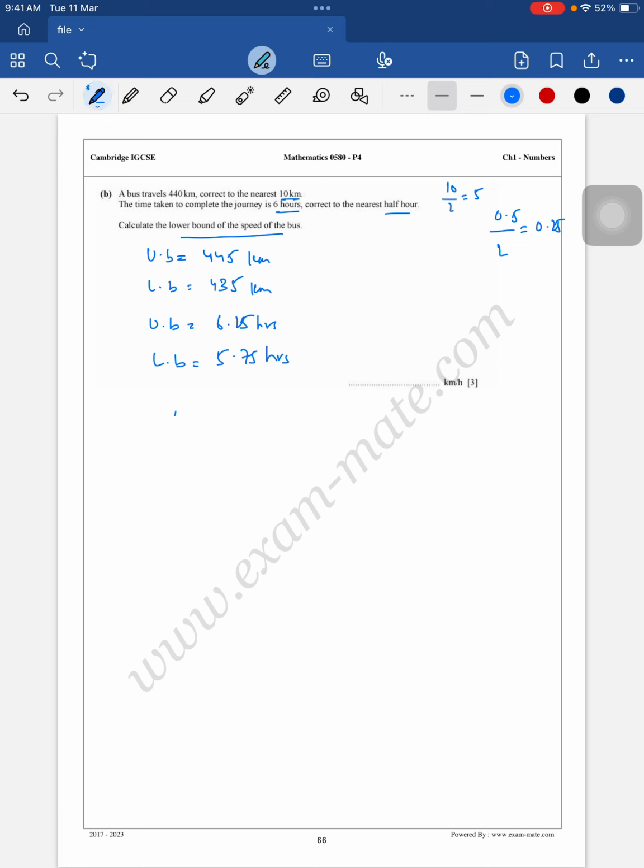Now the question is to calculate the lower bound of the speed of the bus. Speed is equal to distance upon time. If I want to calculate the lower bound for the speed, it means that for the distance, which is the numerator, I should keep the lower bound, that is 435, and for the time I should keep the upper bound. Is it clear? For time I should keep the upper bound, which is 6.25.